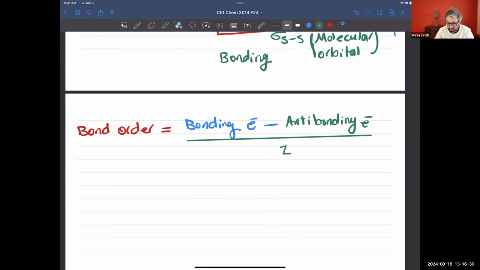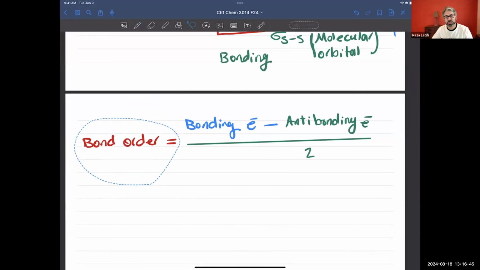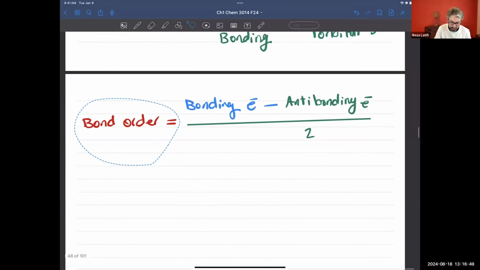Why by 2? Because per each chemical bond, you need to have 2 electrons. So let's find the bond order for H2.